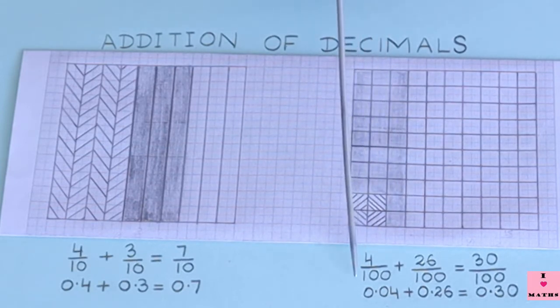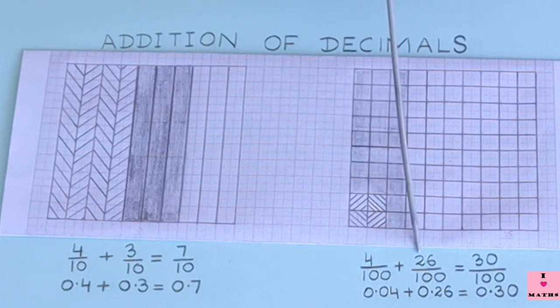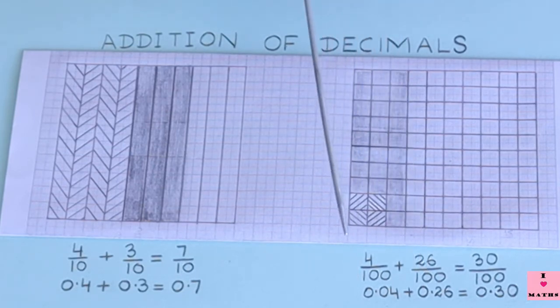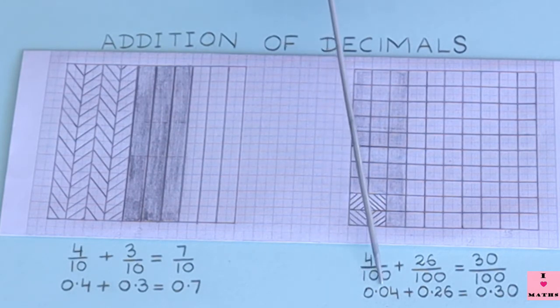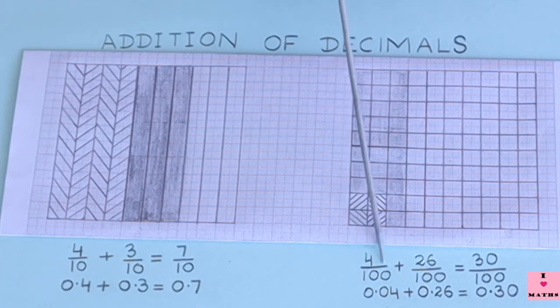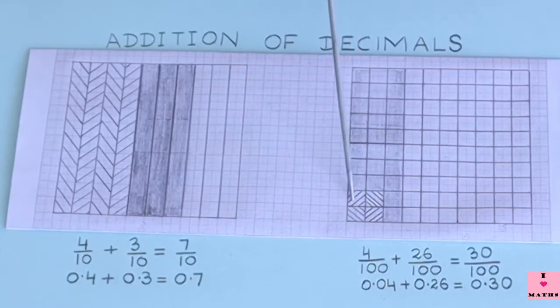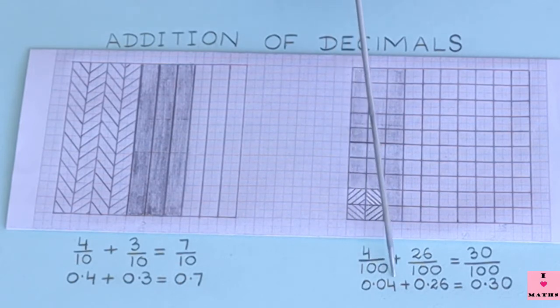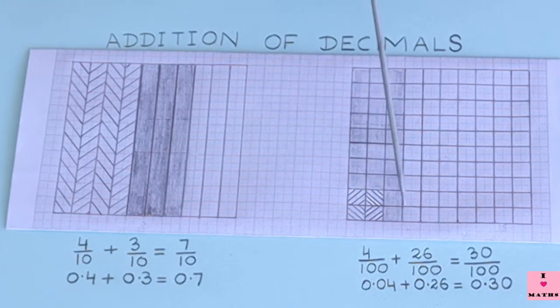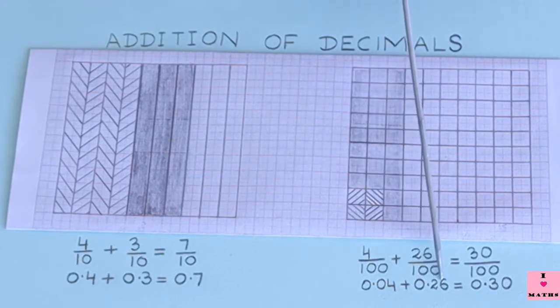So 4 upon 100 plus 26 upon 100. Now 4 upon 100 means 0.04. We change the fraction to decimal. So these parts represent 0.04, and these evenly shaded parts represent 0.26.